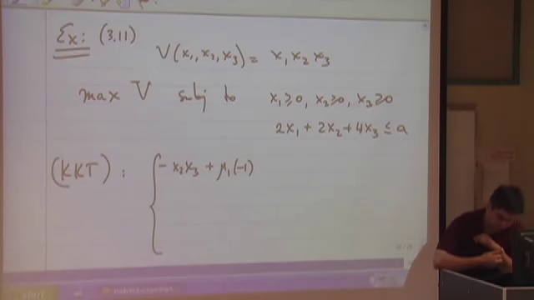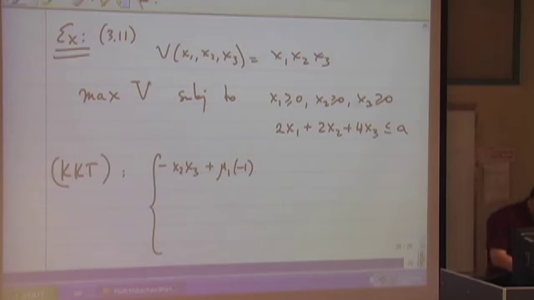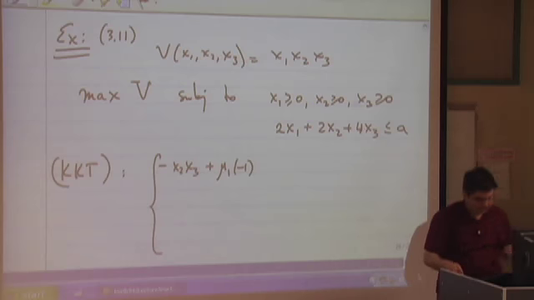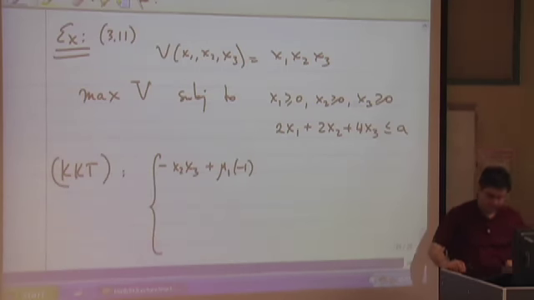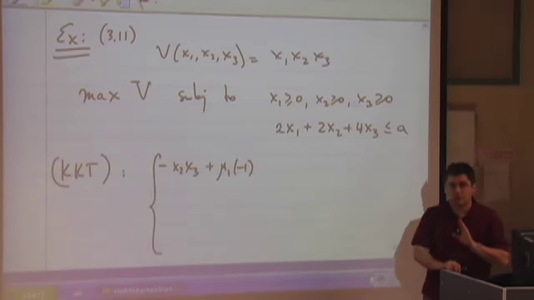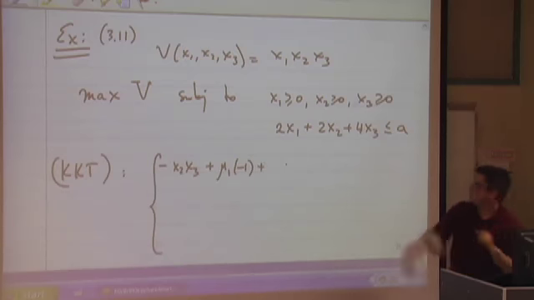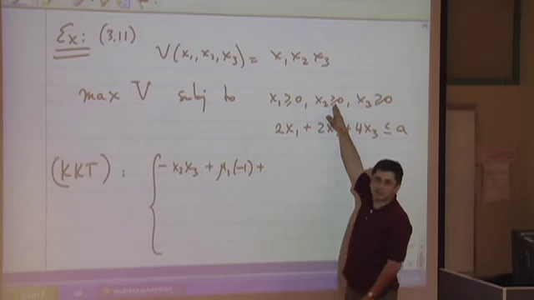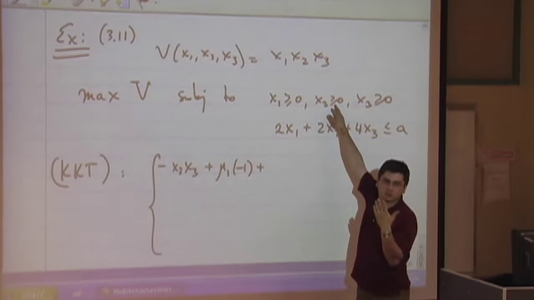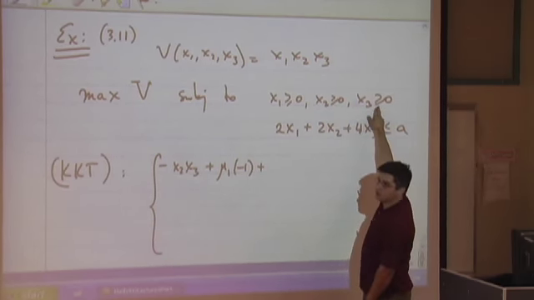Yeah. Well, I'm converting it into a minimization problem. Okay? Plus, now, mu2, the second constraint doesn't involve x1, so there's no mu2. Mu3, the third constraint doesn't involve x1.